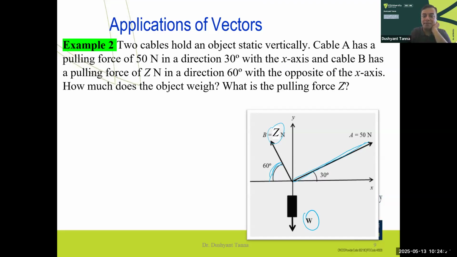So from this cable A, we call vector A. Cable B, we call vector B, right? Weight is W, that's fine, and then sum of all the forces will be 0. And from there, we compare I with the I, J with the J, and we find the missing one. We find the weight as well, and then weight is equal to mg, we'll get the m. Okay, that's the process. Let's start.